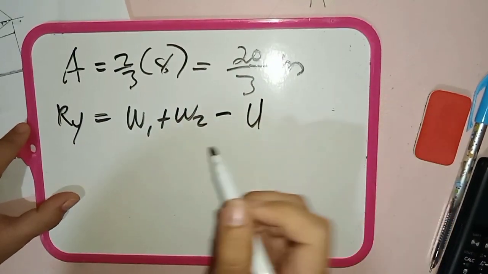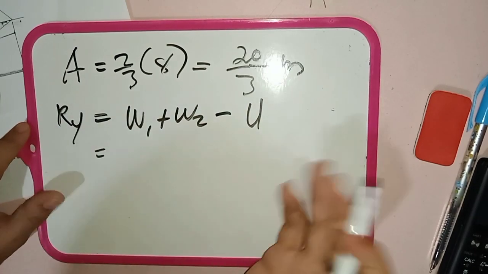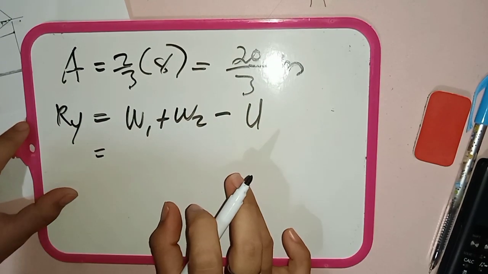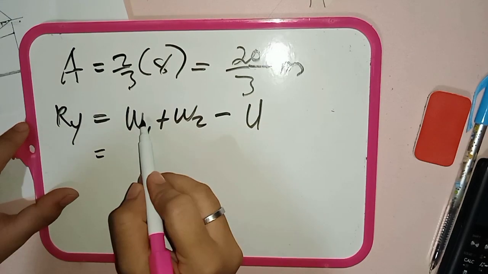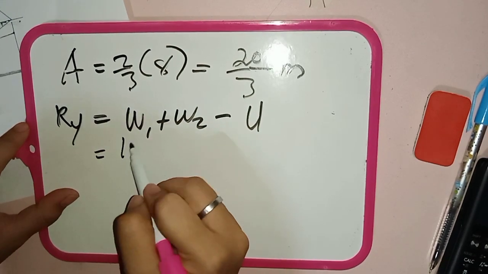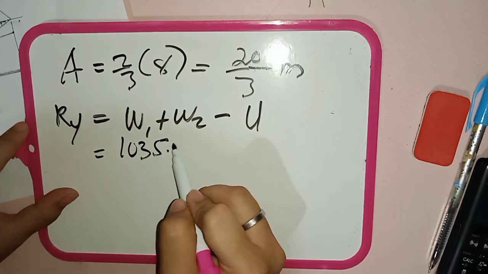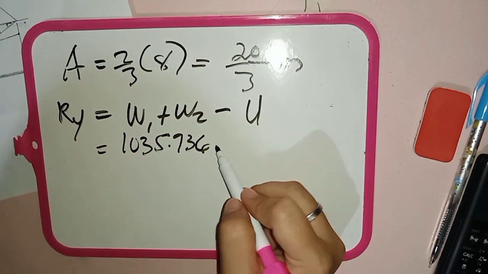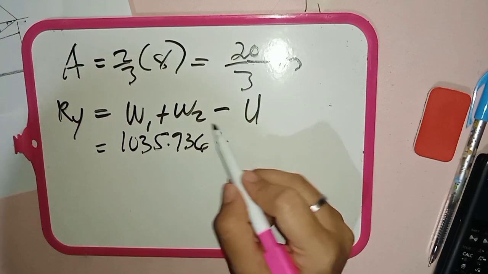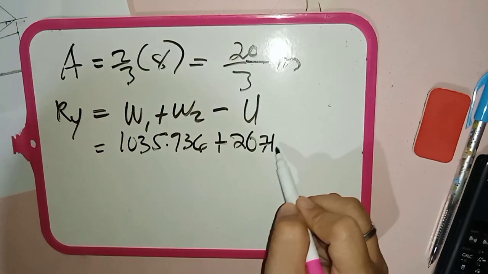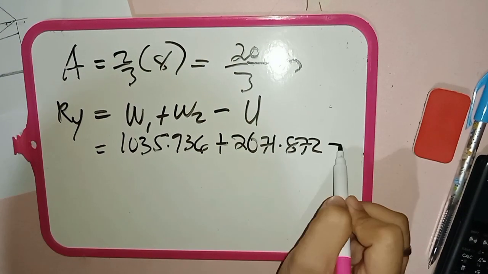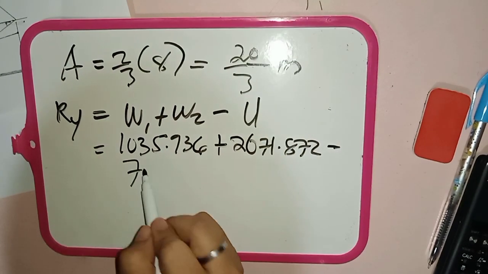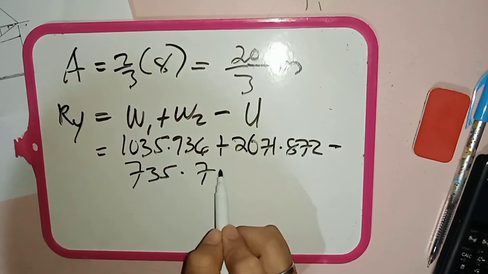The formula for Ry is weight 1 plus weight 2 minus the uplift. From our previous solution, the value of weight 1 is 1035.936 plus weight 2, 2071.872, minus our uplift of 735.75.